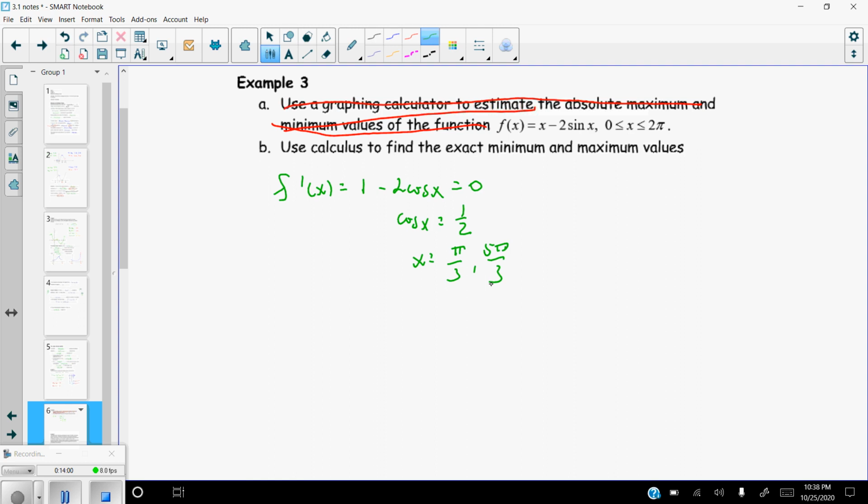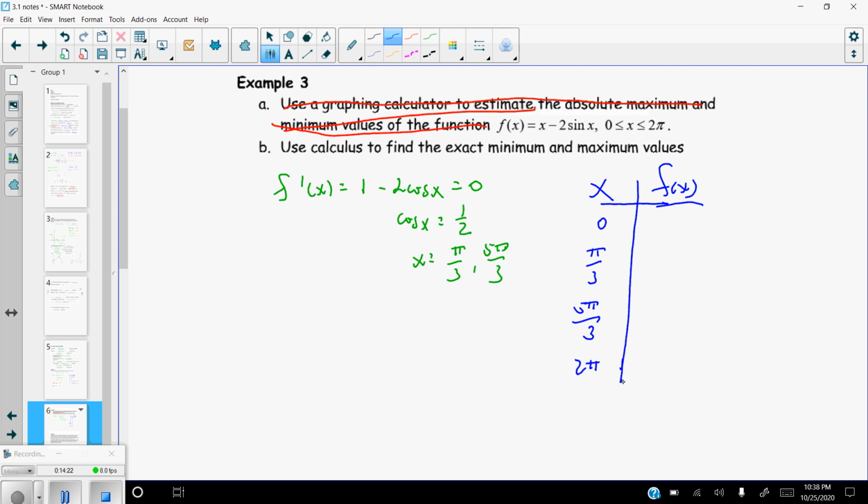So now we have to go ahead and set up our chart. So here is the x, here is the f of x. So let's see, our x values are going to be at pi thirds, 5 pi thirds, and we have to check our endpoints of 0 and 2 pi.